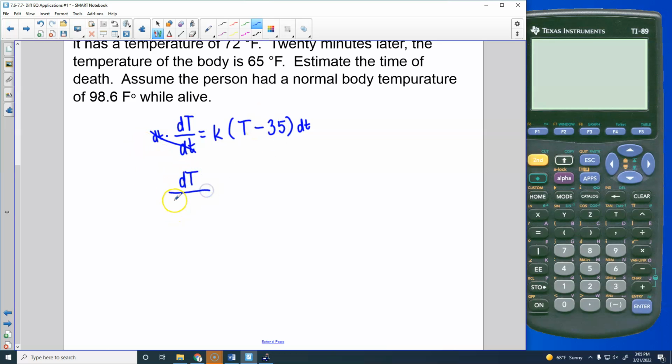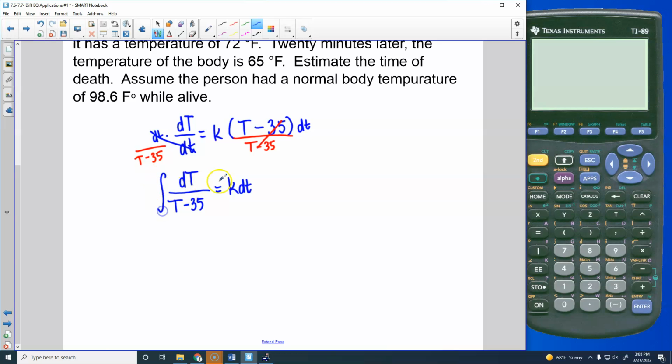So we got dT over T minus 35 equals k dt. We're just dividing both sides by that T minus 35.